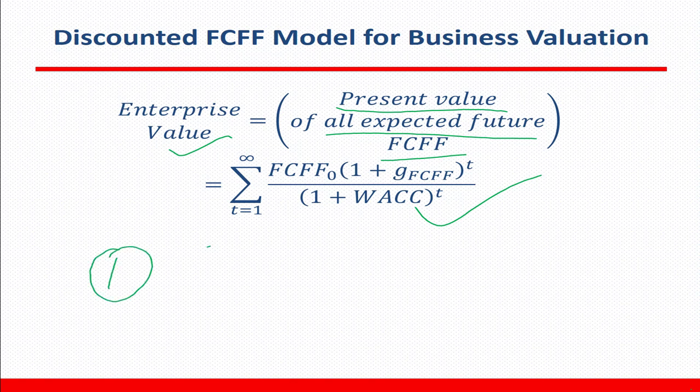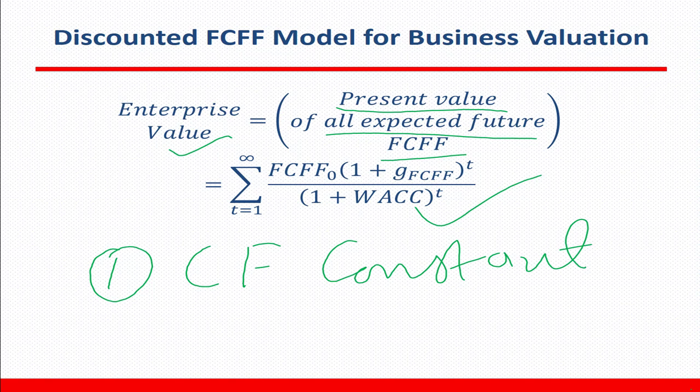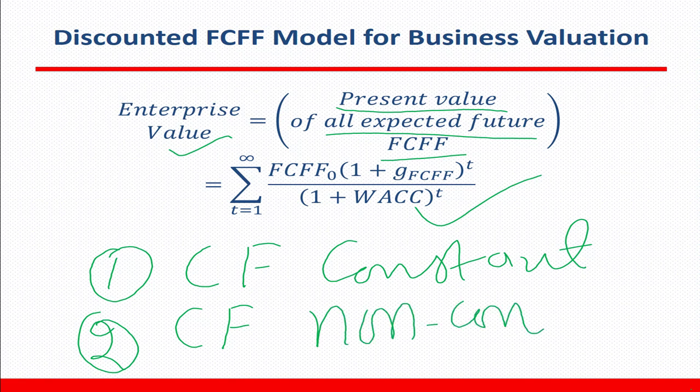One, the cash flows grow at a constant rate, and two, the cash flows grow at a non-constant rate, usually at a higher rate towards the beginning of the life of the business and a lower and more stable growth rate towards the maturity phase of the business. Next, I am going to provide an example for each case.